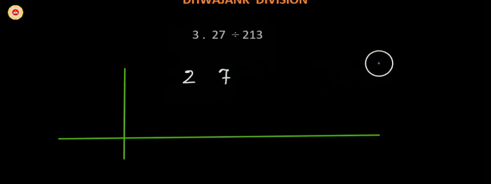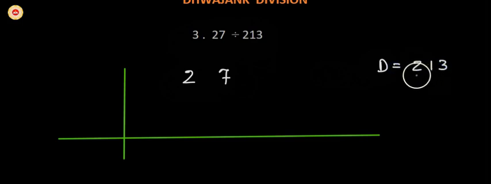Third example. 27 divided by 213. 27 is dividend and 213 is divisor. So let us write 27 here. 27 is dividend. And what is divisor? Divisor is 213.